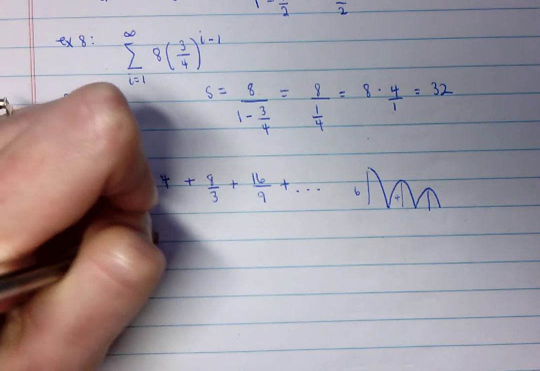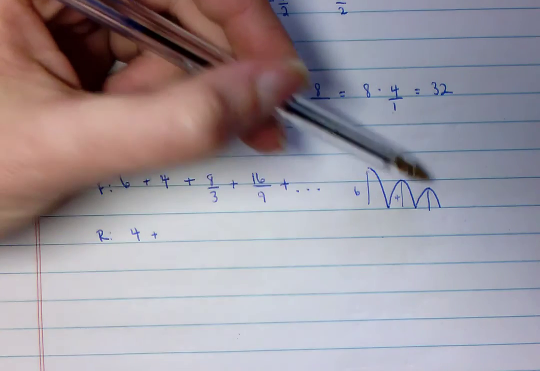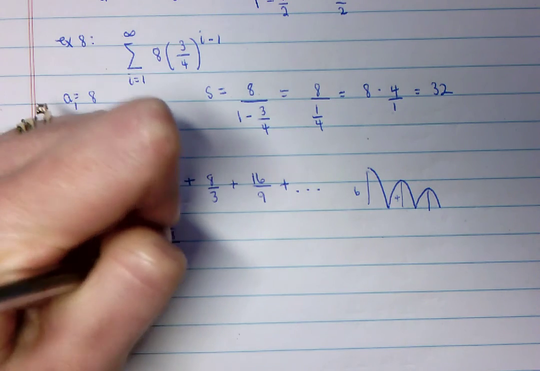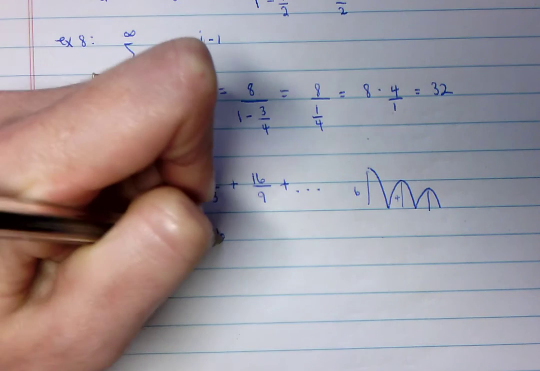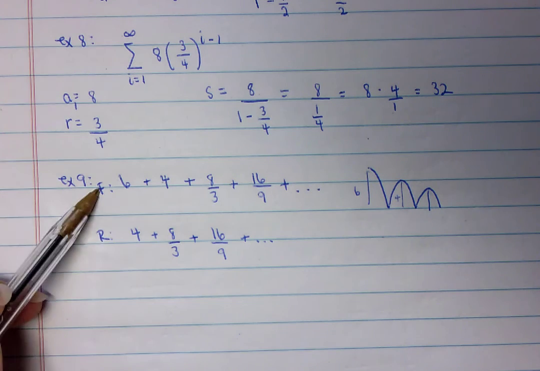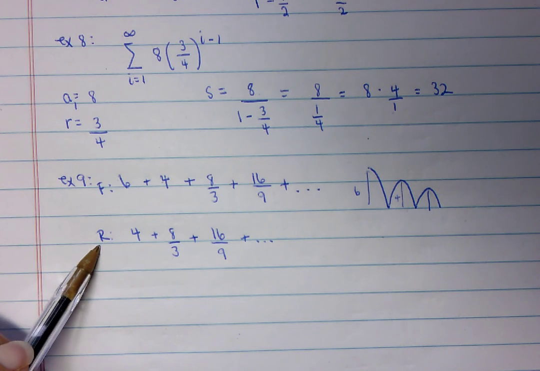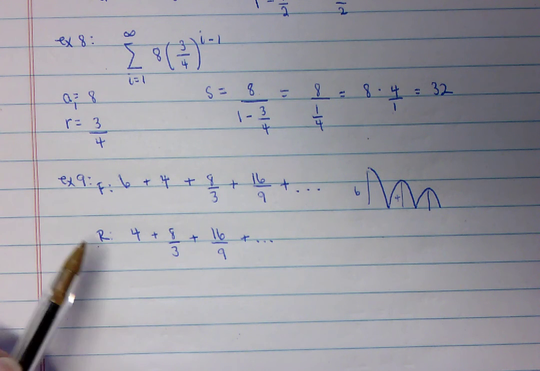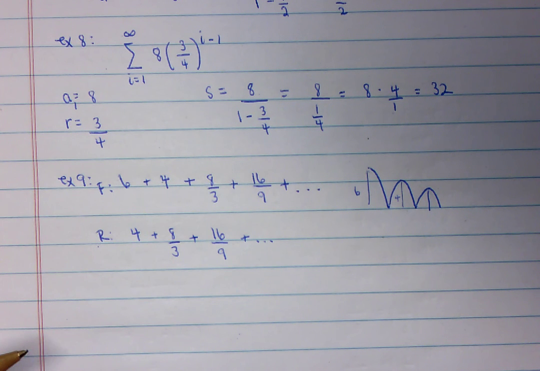So we're going to start here, 4 plus 8/3, and then 16/9, and so on. So we've got falling and rebounding, and they wanted total distance, so we actually are going to be adding these up, which is really interesting.